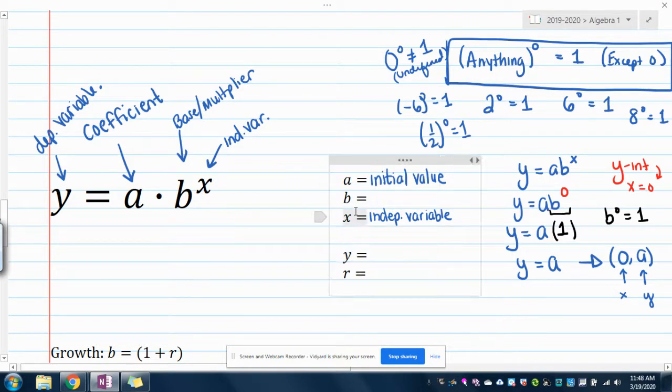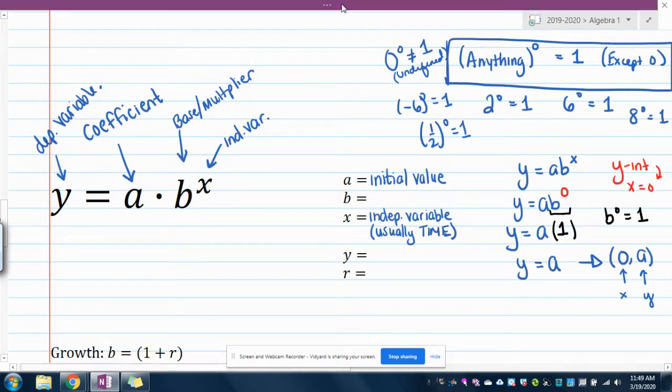And I'll put here, usually, time. So that means that at 0 time, or at my starting time, I have my initial value. A lot of times when we do this, it's money, okay? So B is going to be my multiplier, my base.